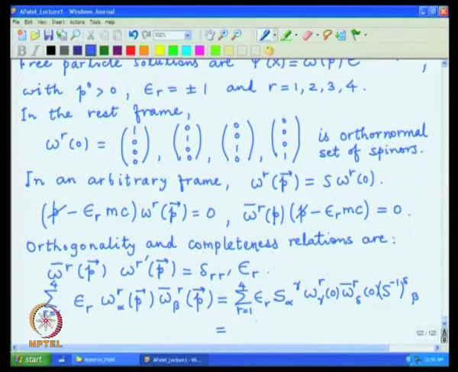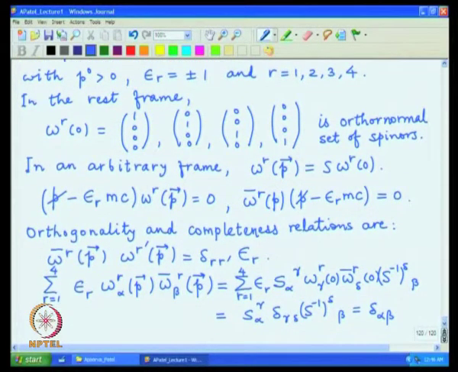Using that completeness in the rest frame, we will end up with S alpha gamma, then delta gamma delta, and S inverse delta beta, which is nothing but the Kronecker delta of alpha beta, which is what we need for the completeness relation to hold.